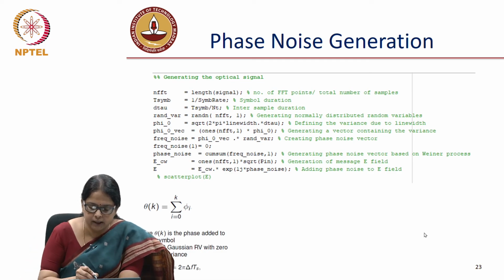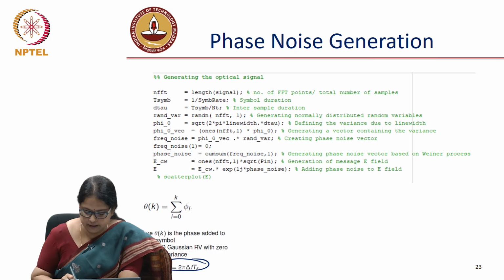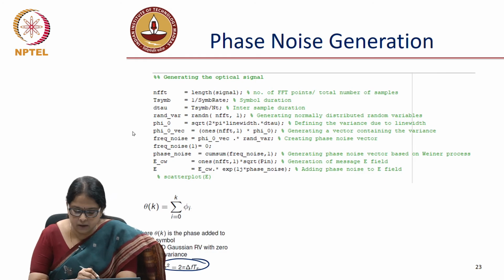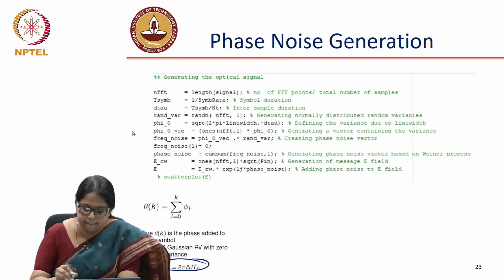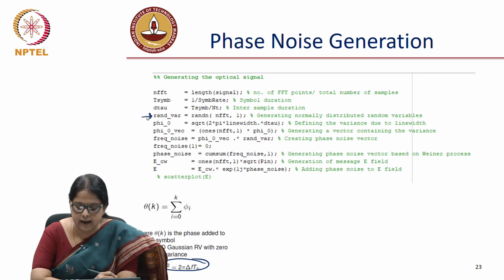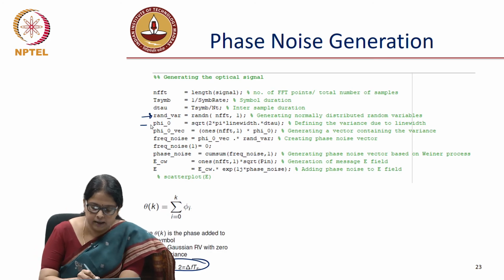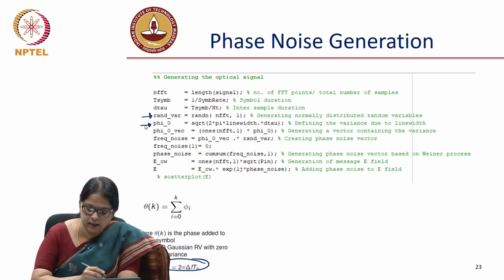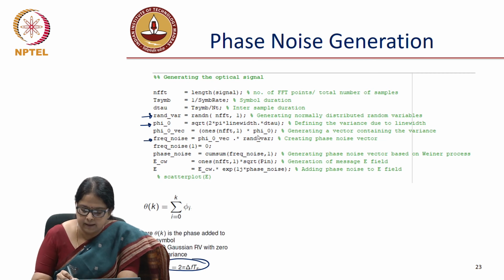So, this is what you do. First of all, you find the variance of the random variable that you need to generate. This is where you are doing that. First, this is the random variable generation, and here is where the variance due to the line width is generated, and you create the phase noise vector by multiplying this phi naught with the random variable.